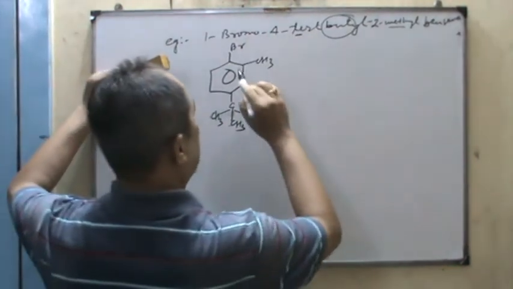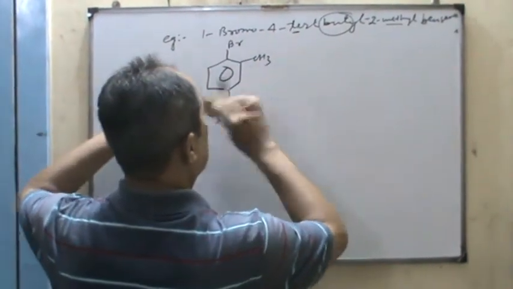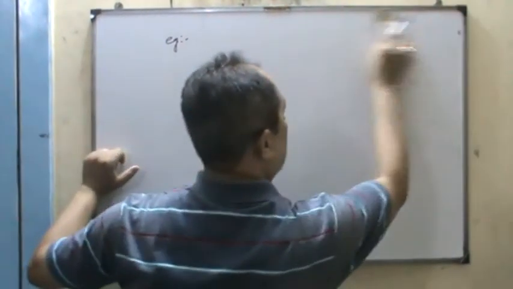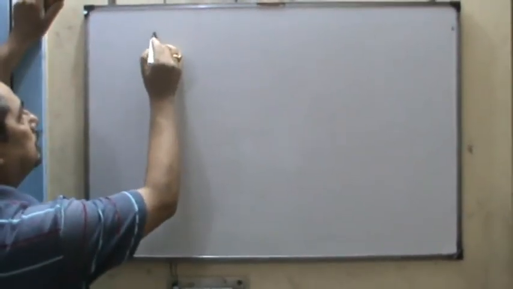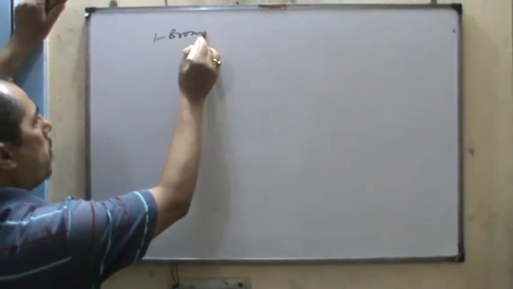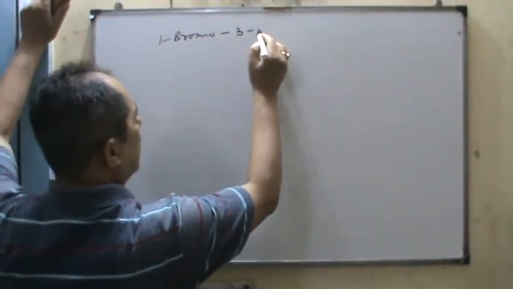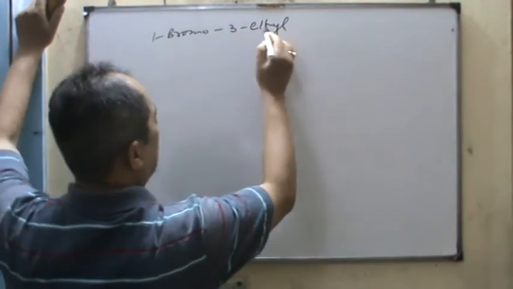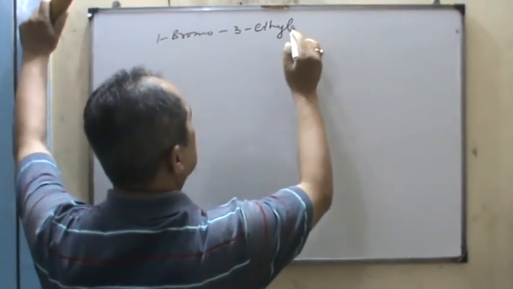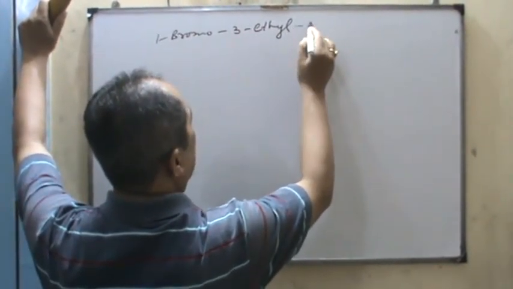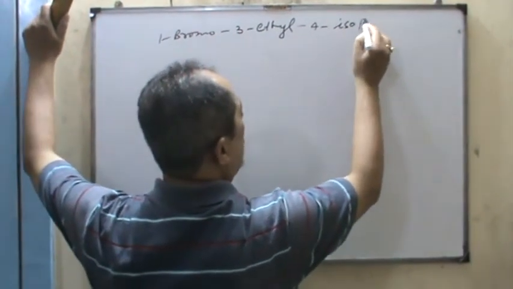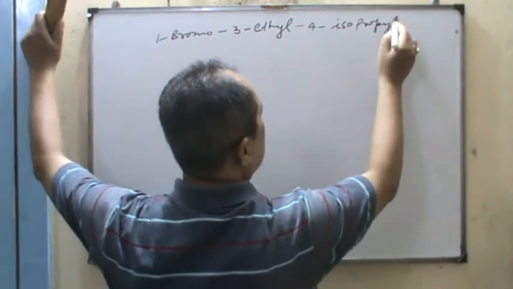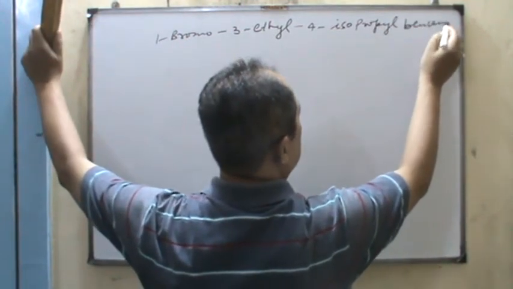Right? Now I change the question and write, say, 1-bromo, 3-ethyl and 4-isopropyl benzene.